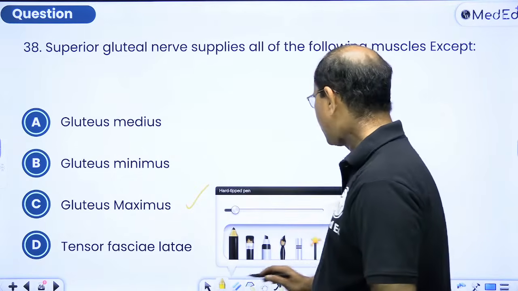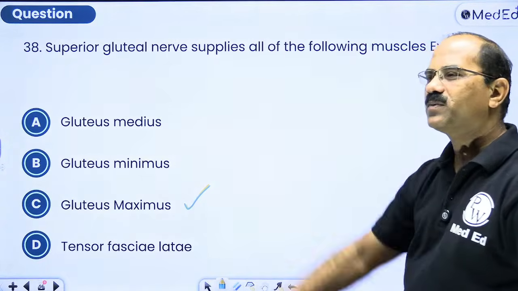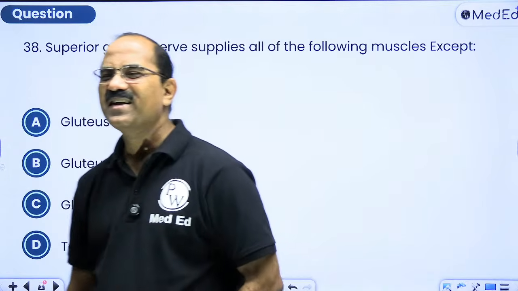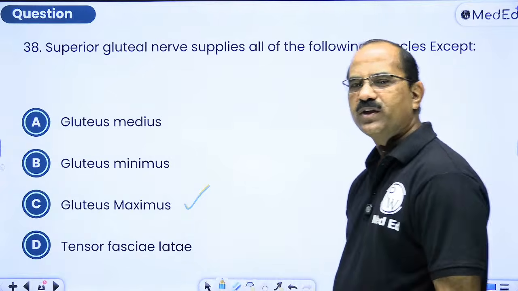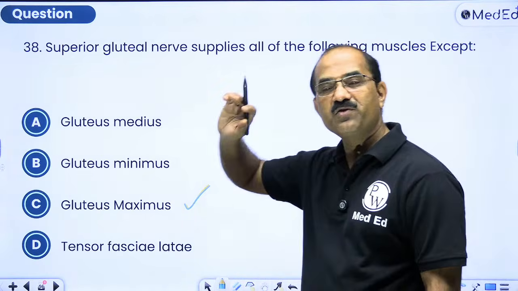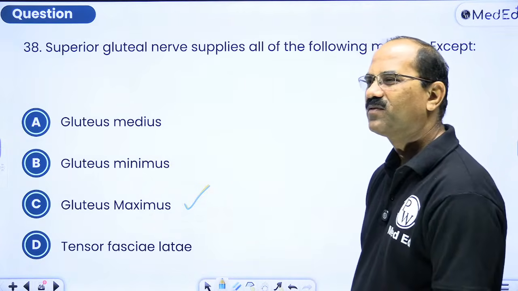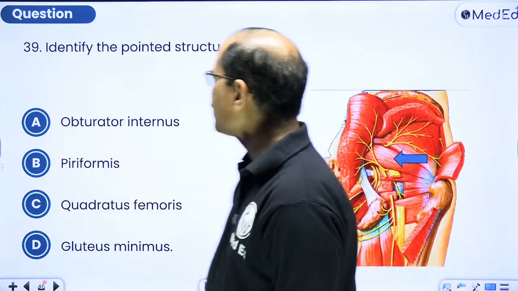The gluteus medius minimus and tensor fascia lata is supplied by superior gluteal nerve. ये बहुत बार पूछा गया है. याद रखना. Yes. ठीक है ना? Easier. And injury to the superior gluteal nerve results in Trendelenburg's sign. Perfect. Okay. Very good.